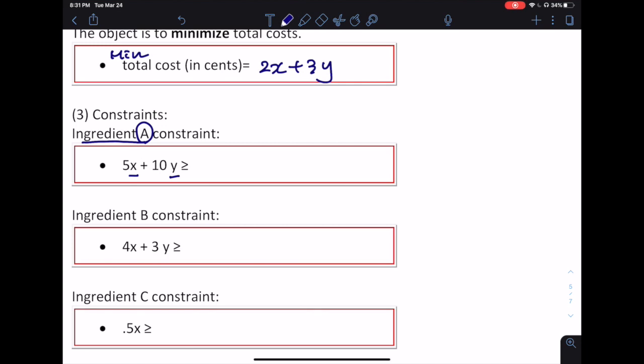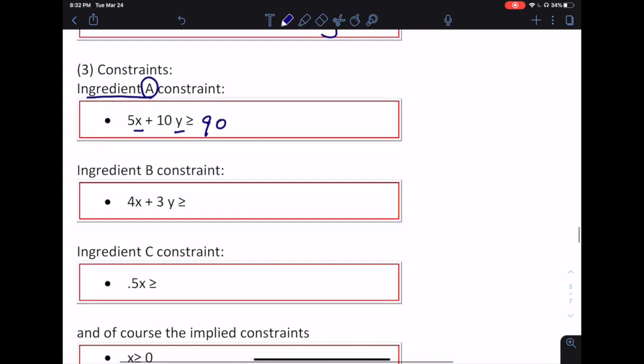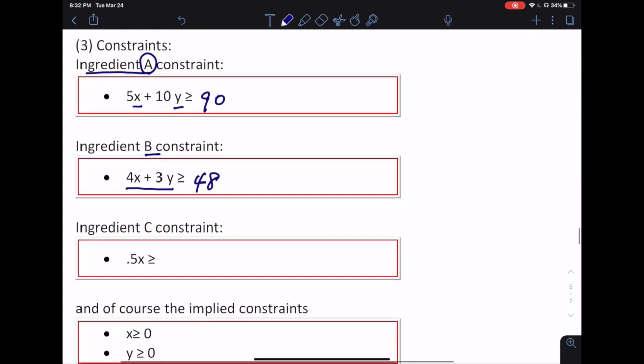This total must be at least what? Greater than or equal to 90. Similarly, for the second ingredient B, the total amount is 4x plus 3y, and that must be greater than or equal to 48.